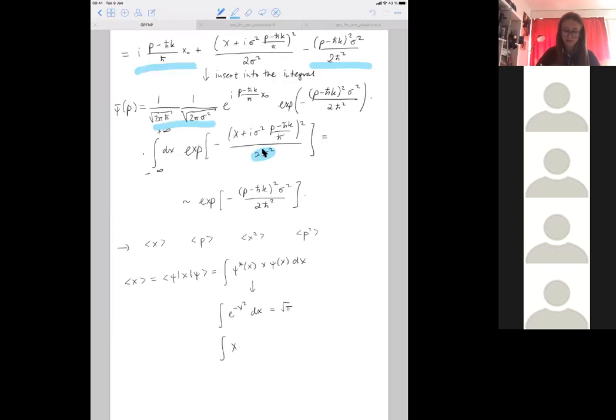The second one is the integral from minus infinity to plus infinity of x e to the power minus x squared dx, which is actually 0 because x e to the power minus x squared is an odd function, and if we integrate it from minus infinity to plus infinity, it will give us 0. And the third one is x squared e to the power minus x squared dx equals square root of pi over 2.